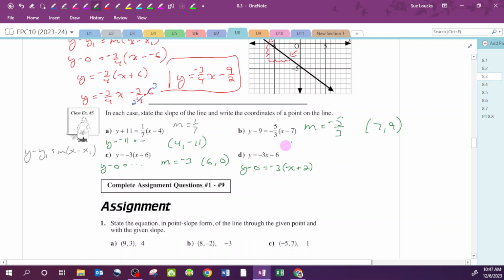So now it's at least in slope-point form, but I still have the plus there, so I want to fix that. So that equals negative 3 times x minus negative 2. So my slope is negative 3, and my point is negative 2, 0. All right? There you go.